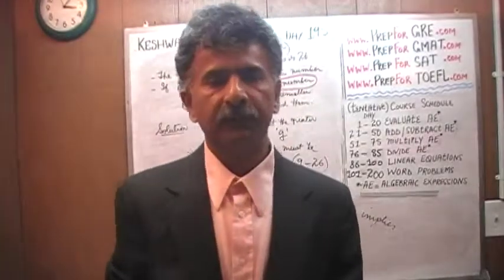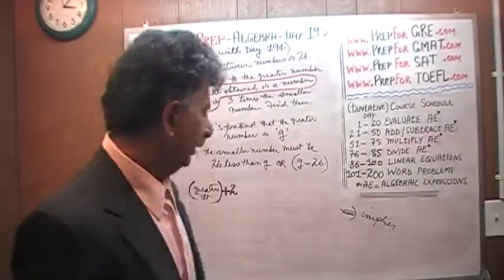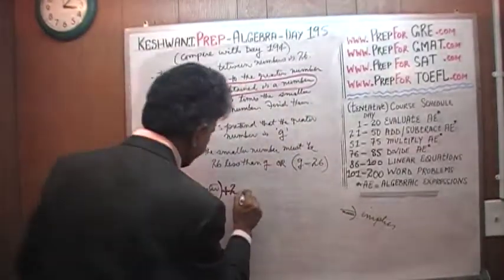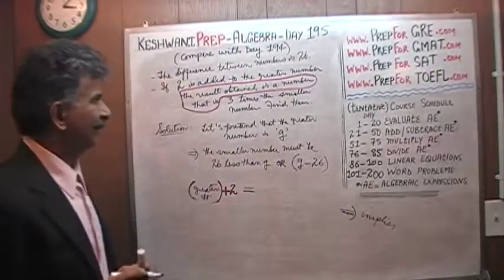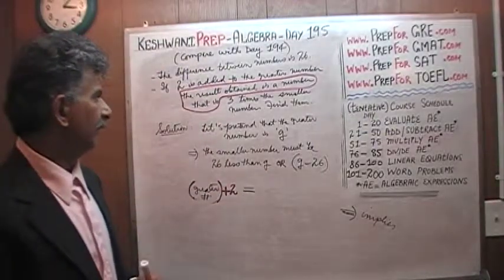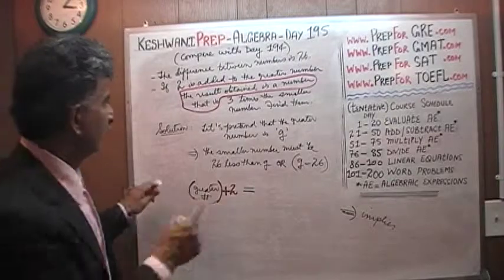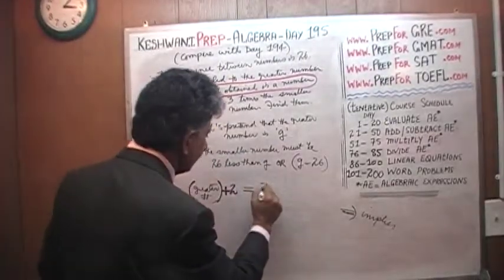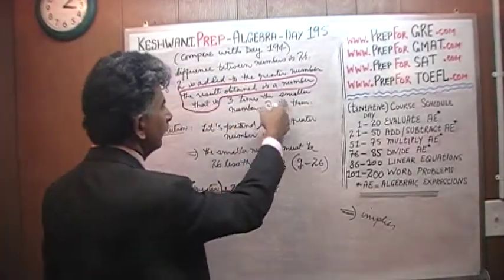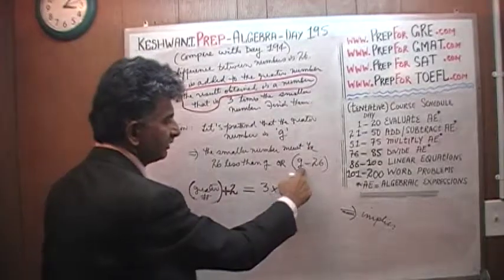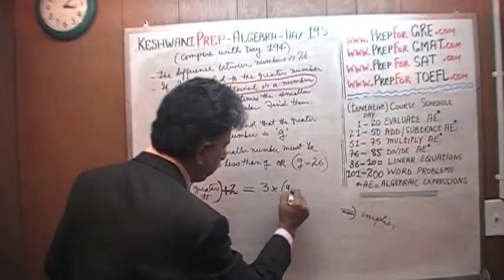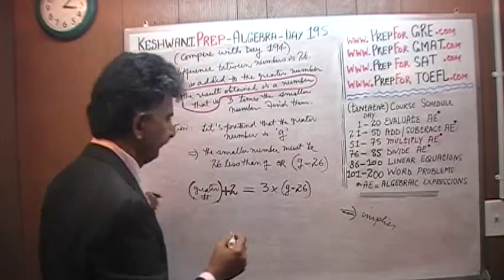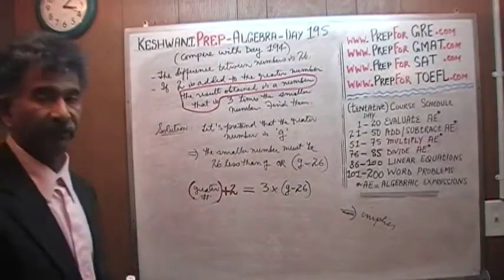All of that is translated in the language of algebra as simply an equal sign. The result obtained is a number that is what? That is 3 times the smaller number, which is this, G minus 26. Voila. That's it. The rest is downhill.